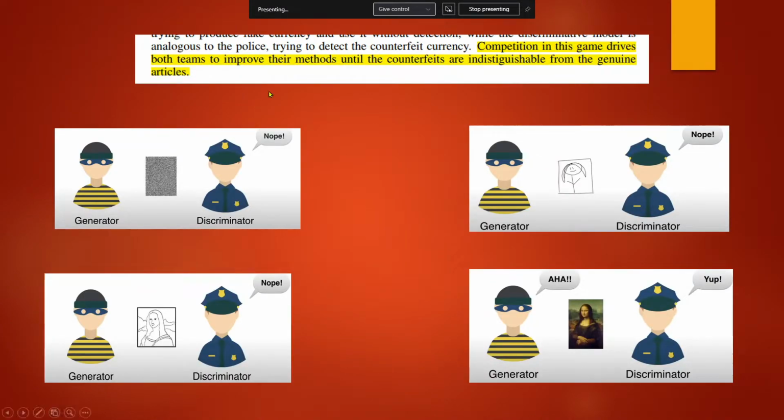I'm just giving an intuition that has been used in the paper. In this illustration, the generator is trying to show different pictures to the discriminator. The discriminator will decide, yes, this is the real picture, but this is actually not the real picture. The generator is trying to fool the discriminator by improving its generated data.